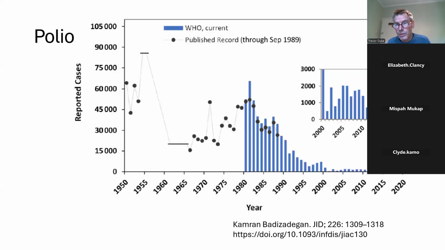Now, I want to talk a bit more about polio and where things are in the world today. And the first thing to say is that in the last 50 years, since the oral polio vaccine was introduced by Sabin about 50 to 60 years ago, it's been estimated there's 20 million children that have been saved from having paralysis.